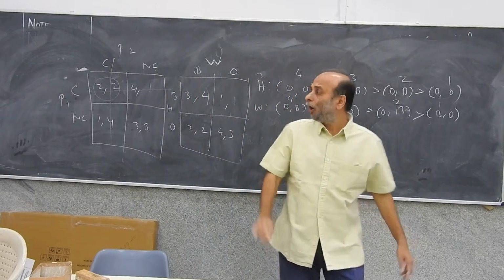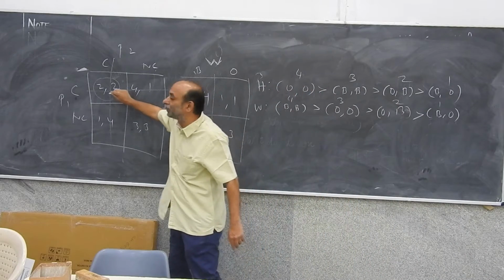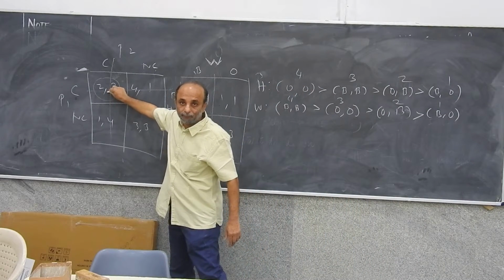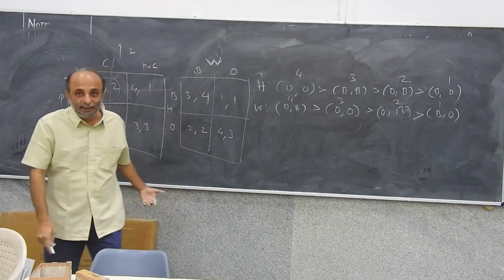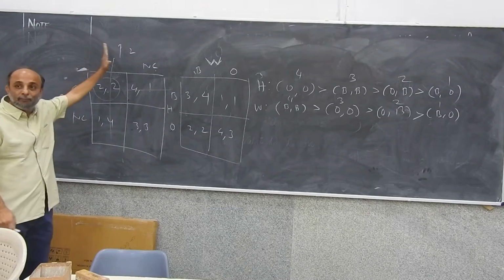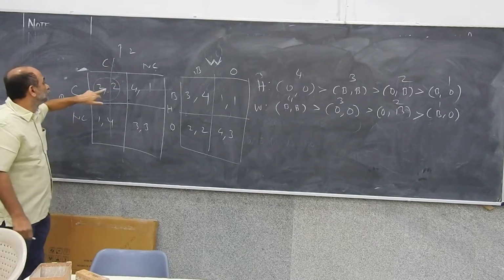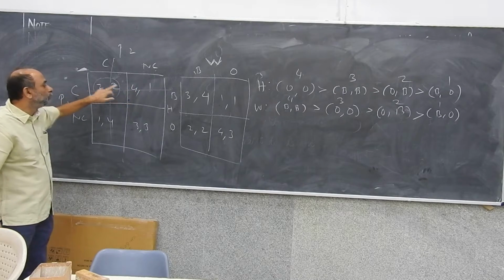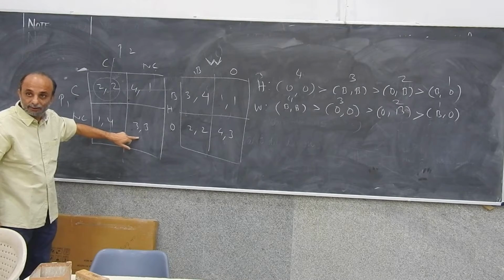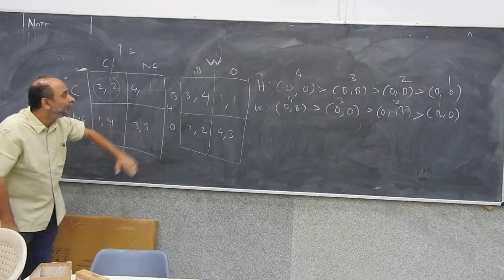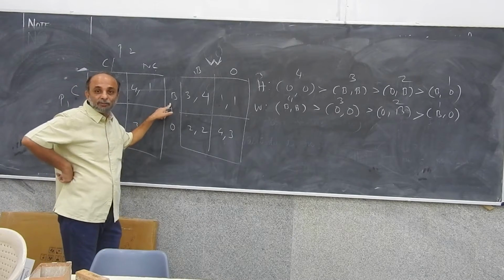Now here, contrast the two games. In the earlier case, C was the dominant strategy, because P1 was better off choosing C irrespective of whatever P2 chose. His payoff was 2 or 4 as against 1 or 3 from choosing NC. Can you identify a dominant strategy like this? Is B, for example, a dominant strategy for the husband?